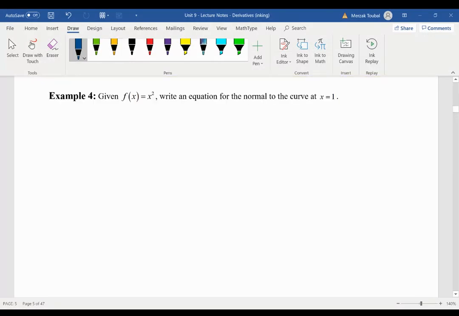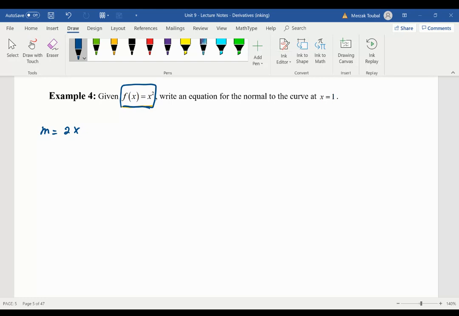All right, given f of x equals x squared, write an equation for the normal to the curve at x equals 1. We already know the slope at any point of the function x squared, so we're going to use that again. We found m equals 2x earlier. That's the slope at any point.